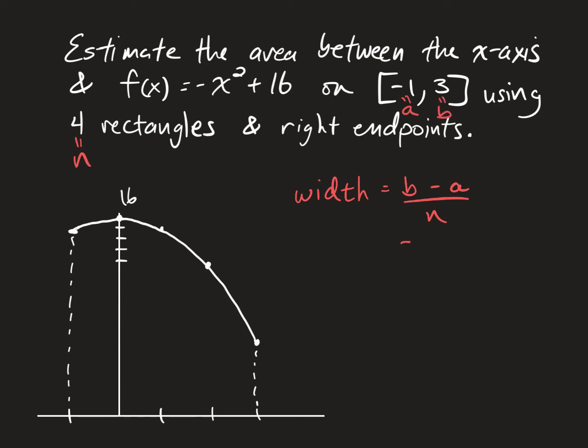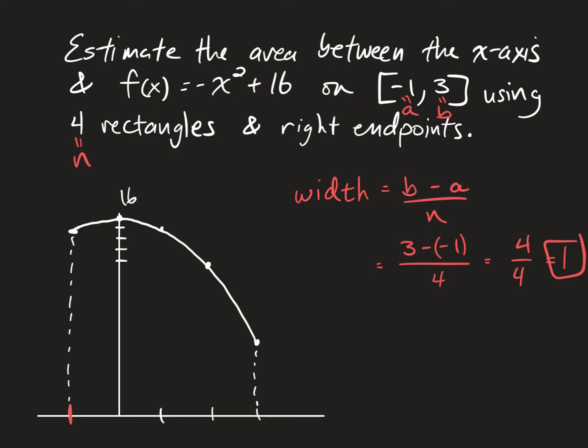And when you do that, 3 minus -1 all over 4 is 4 over 4, which is 1. So each rectangle has a width of 1. And so we can't find that width until we know how many rectangles there are, but that's how you can find the width of each rectangle.